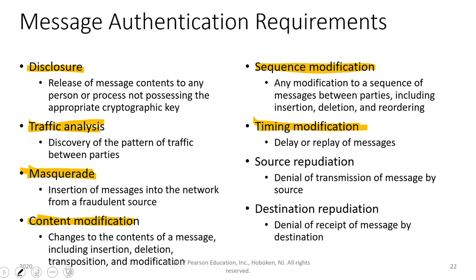And on the other end, destination repudiation is, if the recipient received the message, then they should not be able to say that they did not receive the message. So these two things are mainly about ensuring the parties engaging in the communication are actually sending and receiving the messages, and they cannot deny that.